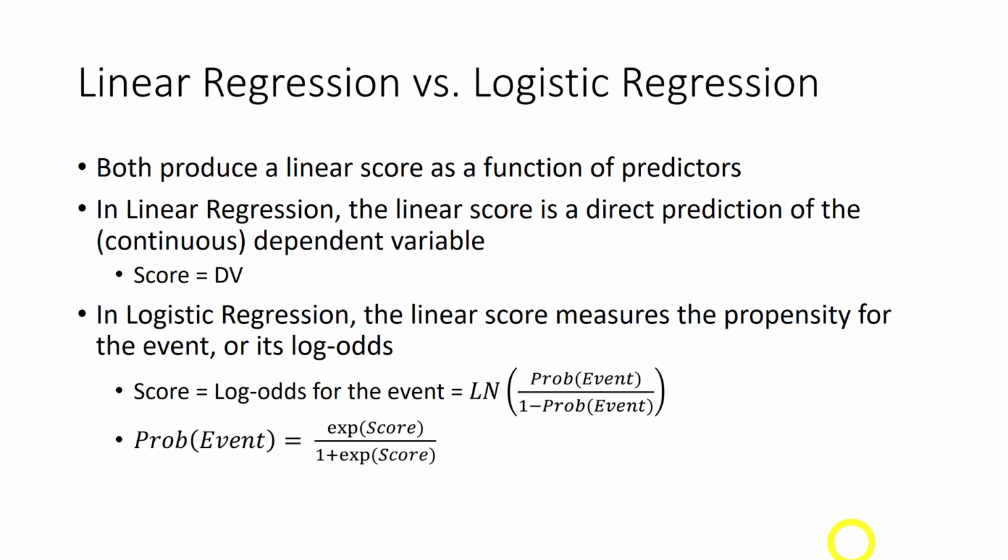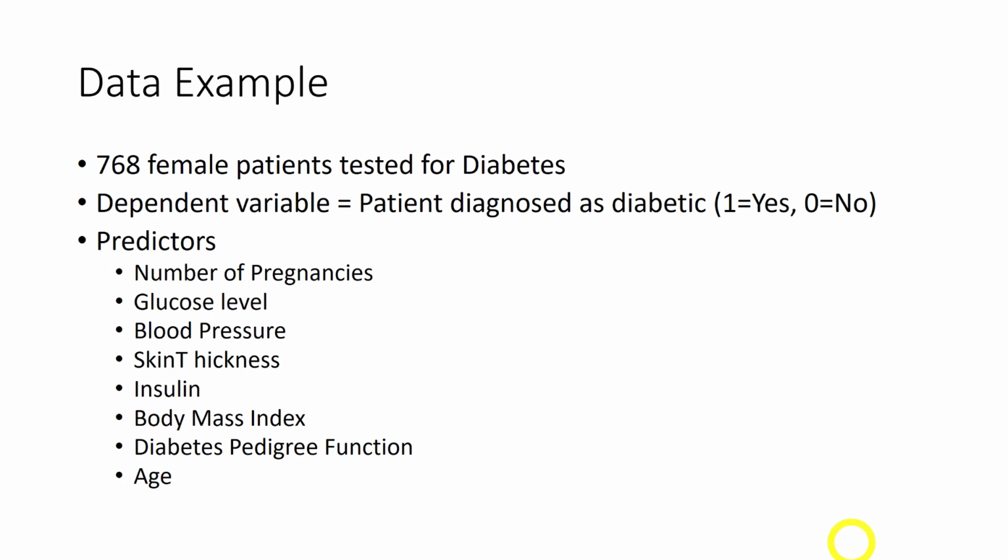With a little math, you will find that the probability of the event is equal to the exponential of the score over 1 plus the exponential of the score. We're going to see how this works using a fairly simple example. In this example, we have 768 female patients that were tested for diabetes.